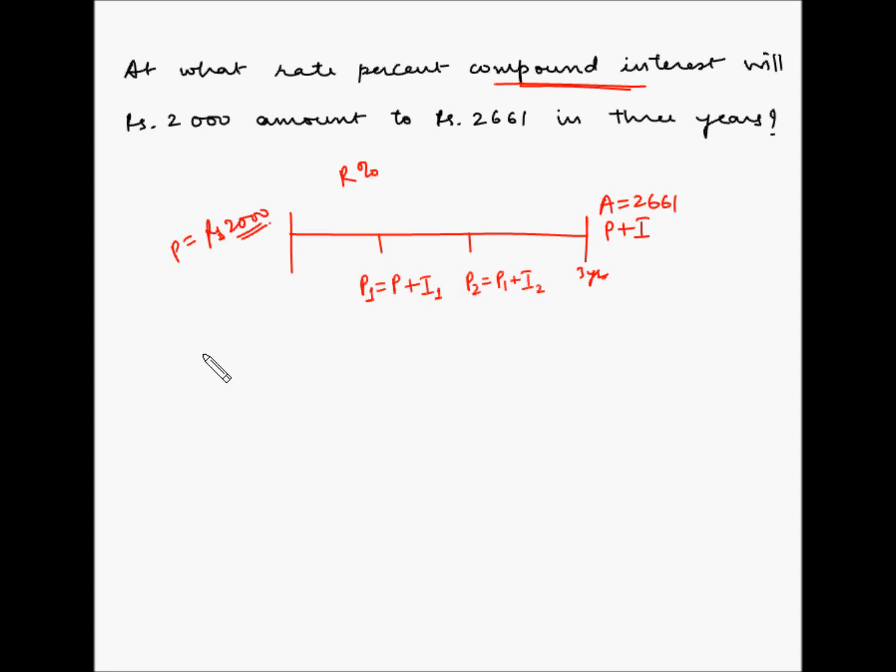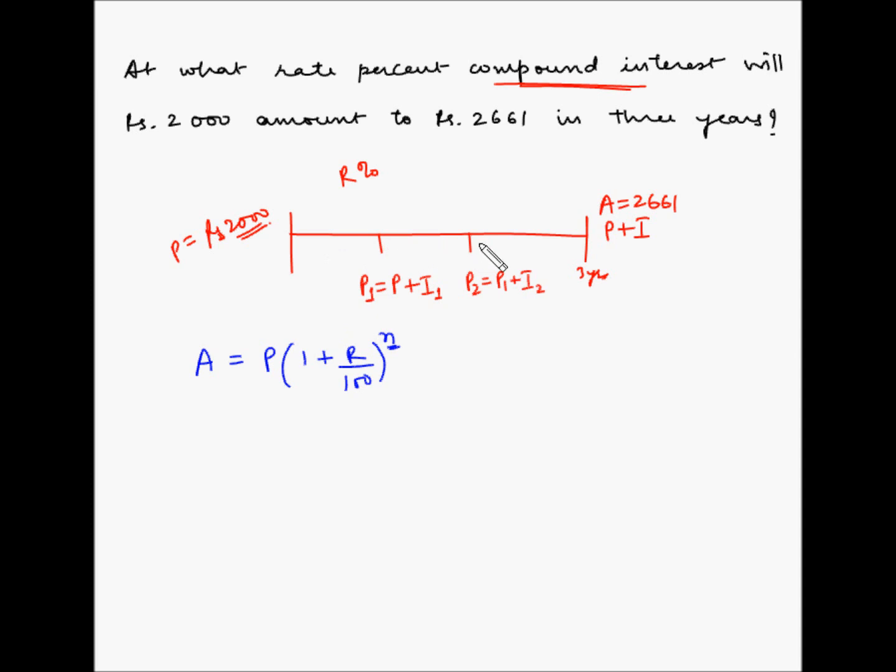So now we know that for compound interest, the amount at the end of the tenure is equal to P multiplied by 1 plus R divided by 100 to the power of n. Now n here is the number of periods at the end of which interest is going to be compounded.